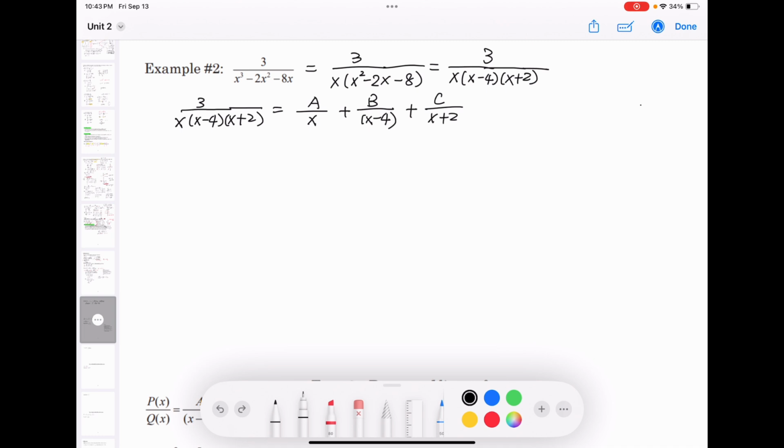Next step is find the LCD. Both sides multiply by LCD. The LCD is x times x minus 4 times x plus 2. So both sides multiply by LCD.